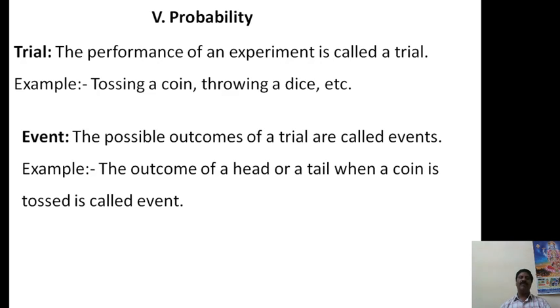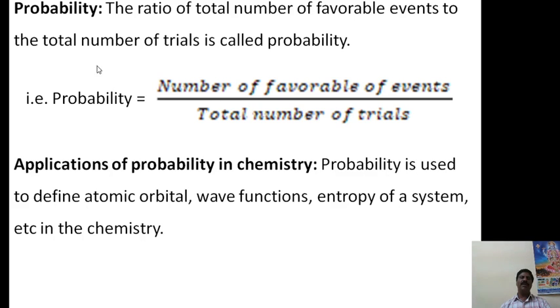Therefore, whether head or tail comes, it is called an event. Again, picking one card from the 52 playing cards is also an event. These are the examples for event.